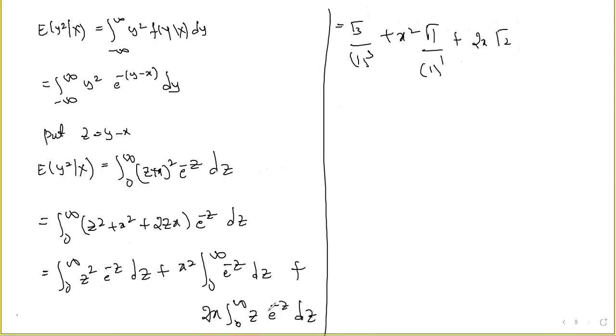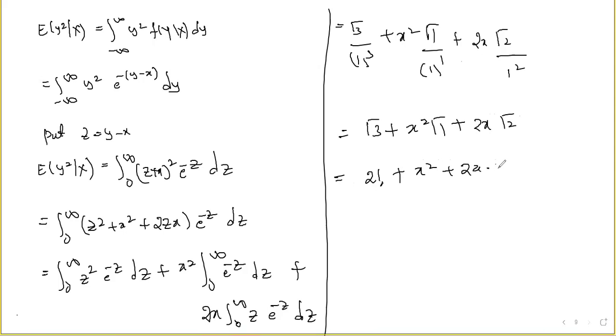Why is it gamma 2? Because here a value is 1, so 1 power 2. This is gamma 3 plus x square gamma 1 plus 2x gamma 2. This is 2 factorial plus x square plus 2x into 1 factorial, which is 1. 2 factorial value is 2, x square value is x square, and 1 factorial is 1, so it is 2x, right? Is it clear?